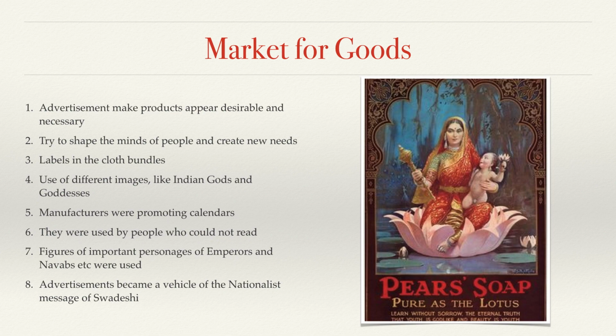It appealed to the Indian people to buy the goods. Manufacturers were promoting calendars because they were used by the people who could not read, because the literacy rate was not good at that time.